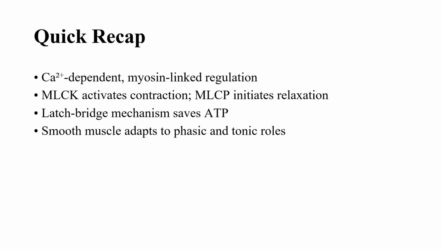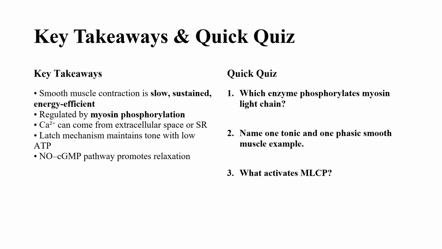So in summary, you have calcium ion, calmodulin, MLCK versus MLCP, latch bridges, phasic versus tonic behavior, and this shows the core logic of smooth muscle contraction in just one sequence.